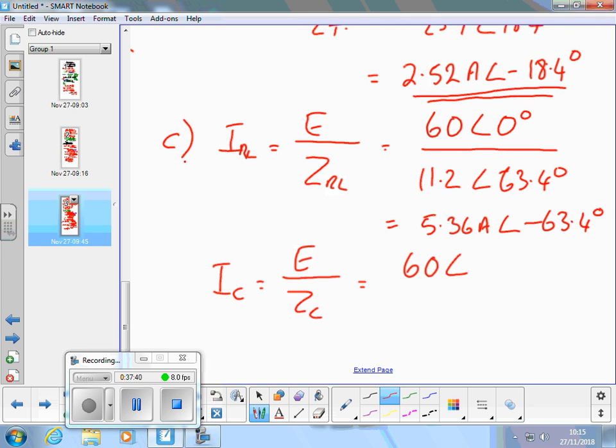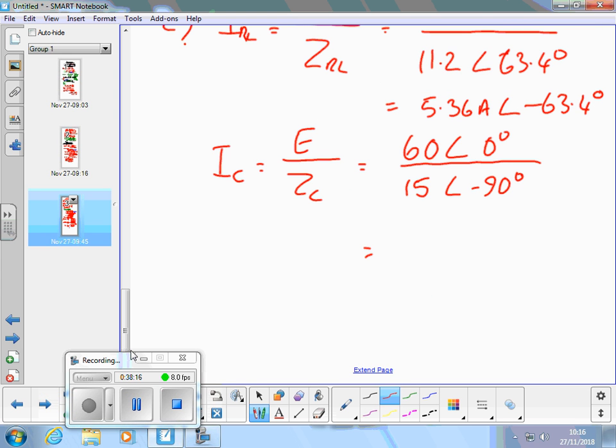IC is E over ZC: 60 angle 0 divided by ZC in polar form, 15 angle minus 90 degrees.